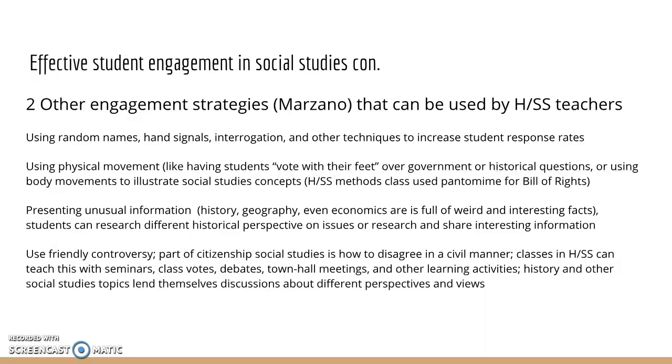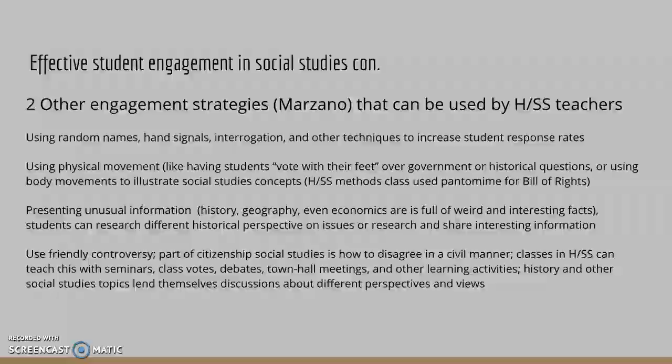Or using friendly controversy, because part of teaching students how to be active and productive citizens, as described in the central focus before, is to learn how to discuss issues and debate in a civil manner. So you can do this with seminars and class votes or town hall meetings. Again, this is something that social studies lends itself to.